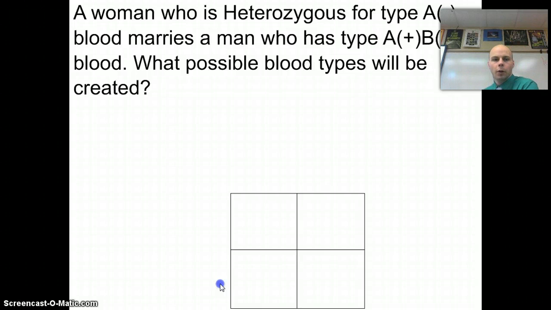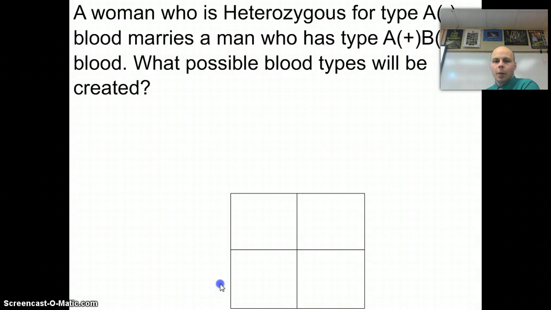And the last problem that we're going to look at today is a blood type and Punnett square. And so for our first individual, a woman who is heterozygous for type A negative blood is going to be marrying a man who has type A positive B negative blood.